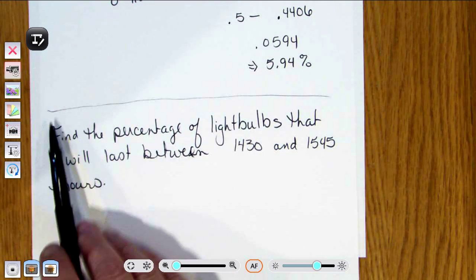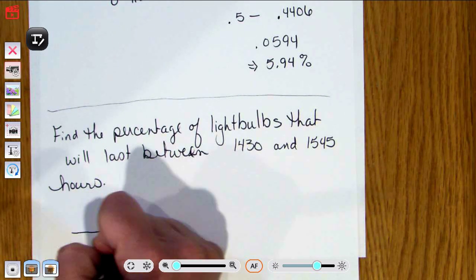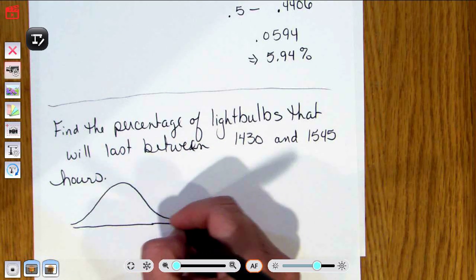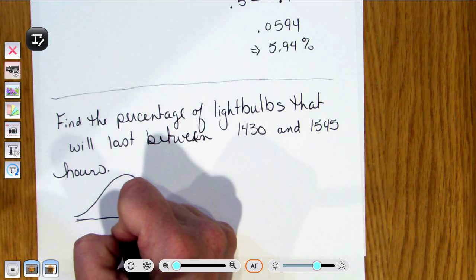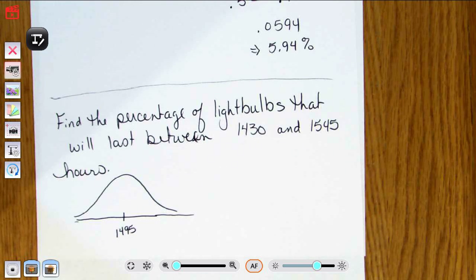So of course this problem would have more information that we were given before, but again I'm going to start by drawing a picture. It is normally distributed, so I would draw a normal curve. It has a center or mean of 1495. So I'm going to put the 1495 in the middle.